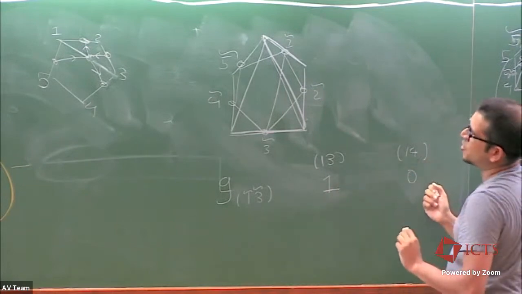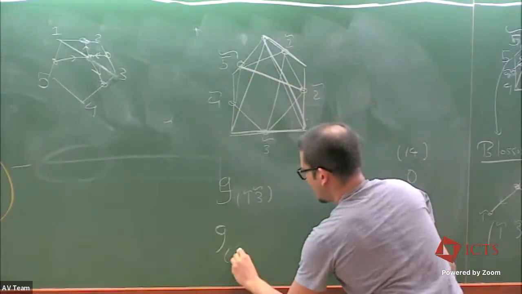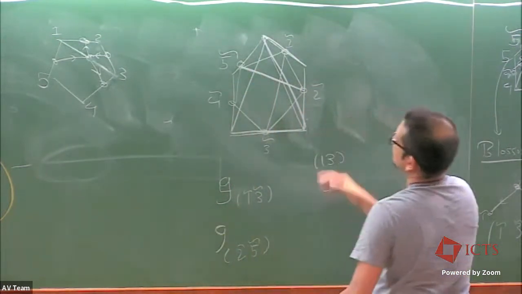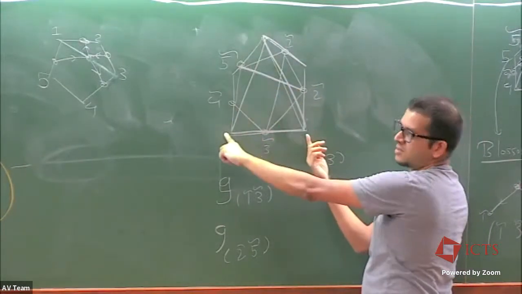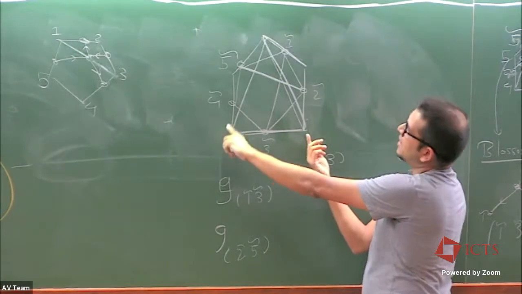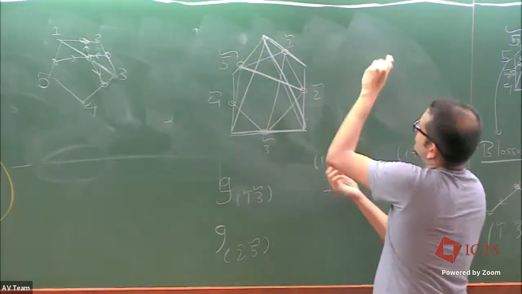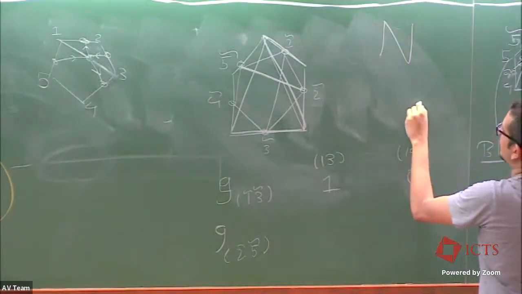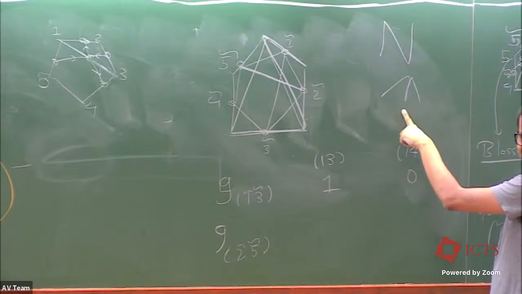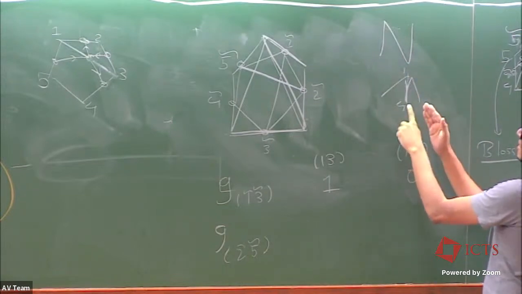But if you look at a slightly more non-trivial example, let's look at 2 tilde, 5 tilde. Then you see that it is intersecting 1, 3 in a Z and intersecting 1, 4 in a W, head of inverse W. So whenever it intersects something in a W, like 1, 4, then it's 0.